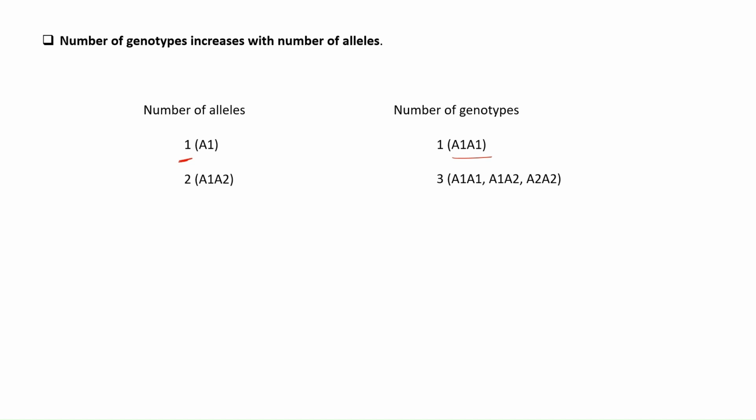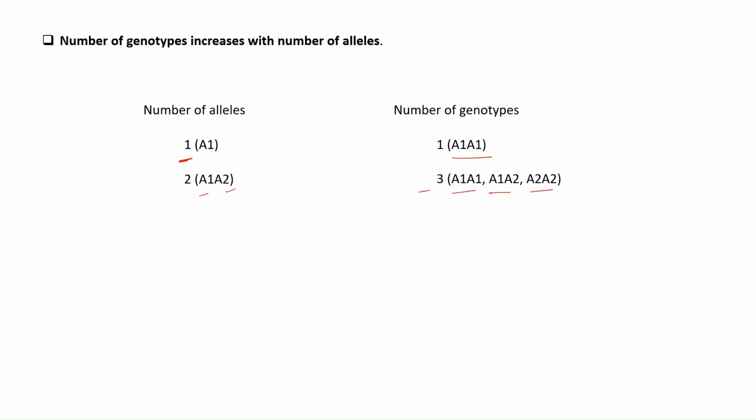Now, the number of genotypes increases with the number of alleles. How? If we have only one allele, we can form only one genotype, A1A1. Suppose we have two alleles, A1 and A2, then we can form A1A1, A1A2, A2A2, a total of three genotypes.